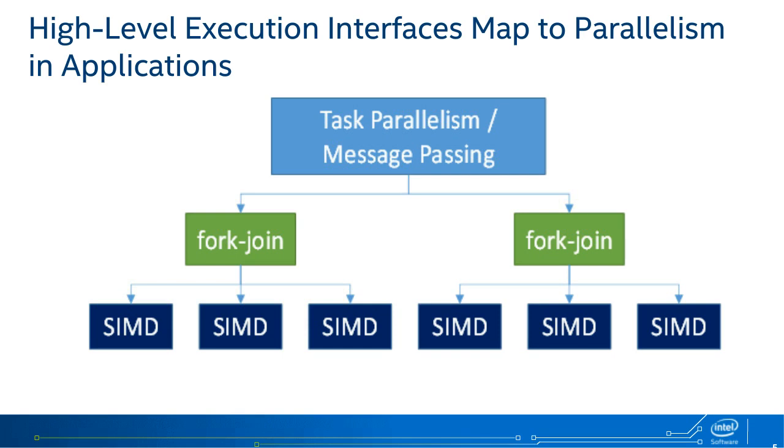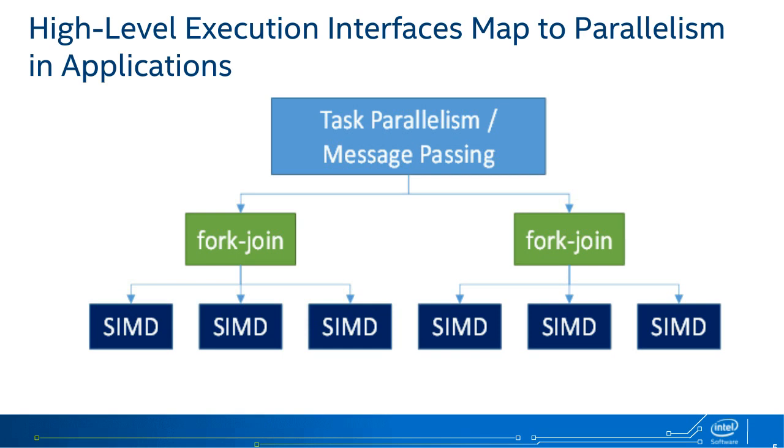So these look like the coarse-grained computations in your applications, and they communicate explicitly with each other through messages. And then below that there's a fork join layer that captures your parallel loops that you execute using threading. And then below that level there's a SIMD layer that's best exploited using vectorization.